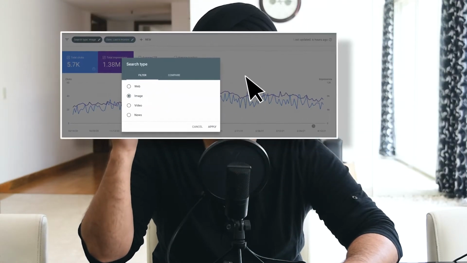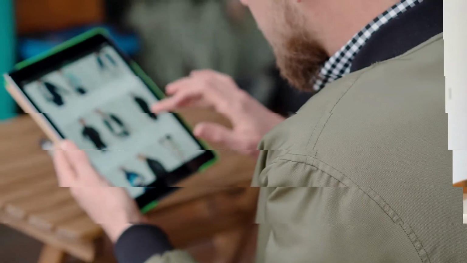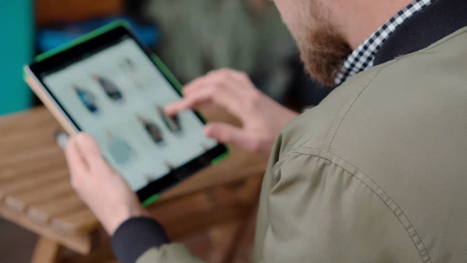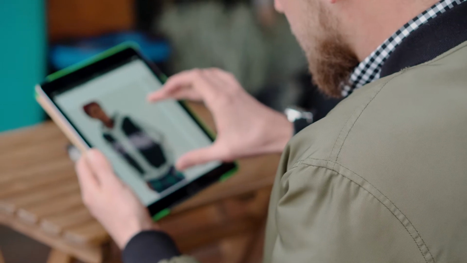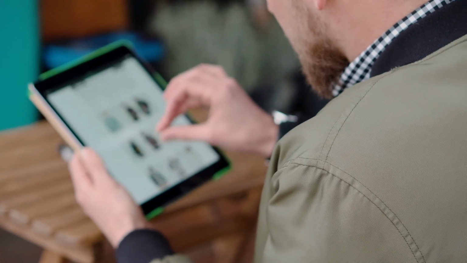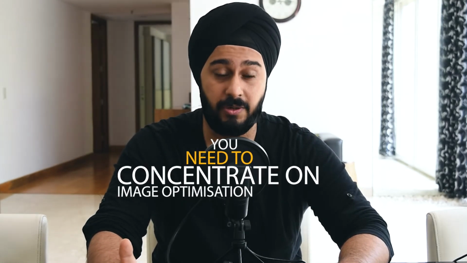And when a person lands directly on a product page by seeing the picture of the product, especially on an e-commerce website, chances are, if you are shipping to their country, they are going to buy that product. So conversion rate optimization in that scenario becomes really good. That's one of the reasons you need to concentrate on image optimization.